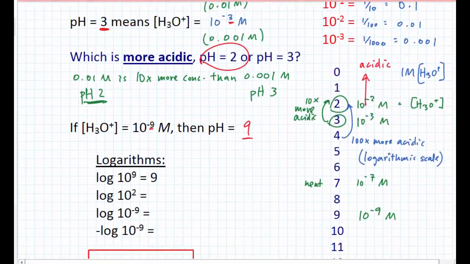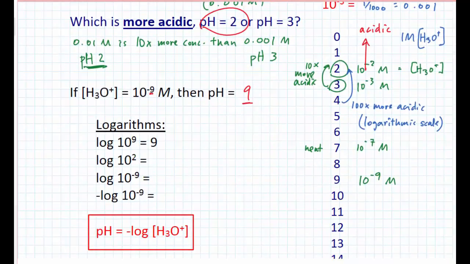Okay? So let's just talk a little bit about how a logarithmic scale works. What we just did there, we said 10 to the negative 9 molar, that's a pH of 9. We just took the opposite sign of the exponent. What a logarithm does, you may have learned a little bit about this in a math class at one point, and it's probably just a key on your calculator, but the concept of a logarithm is not a terribly difficult one.